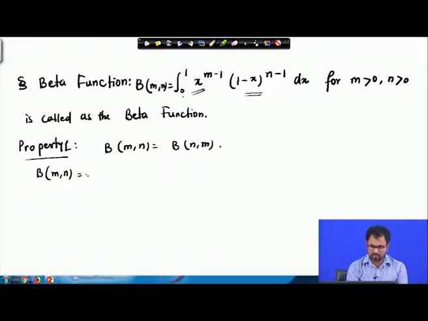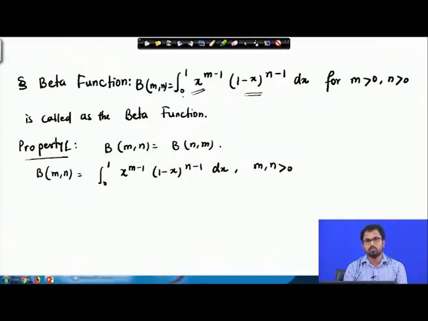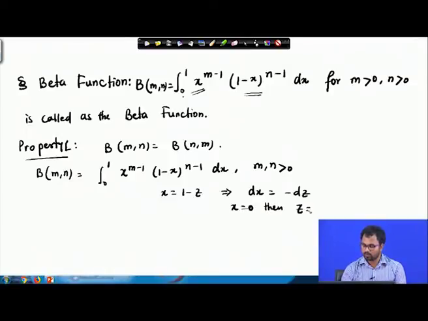So, beta m n equals the integral from 0 to 1 of x to the power m minus 1 times 1 minus x to the power n minus 1 dx, where m and n are both positive numbers. Now, if I substitute x equals 1 minus z, then dx equals minus dz, and when x is 0, then z is 1, and when x is 1, then z is 0.